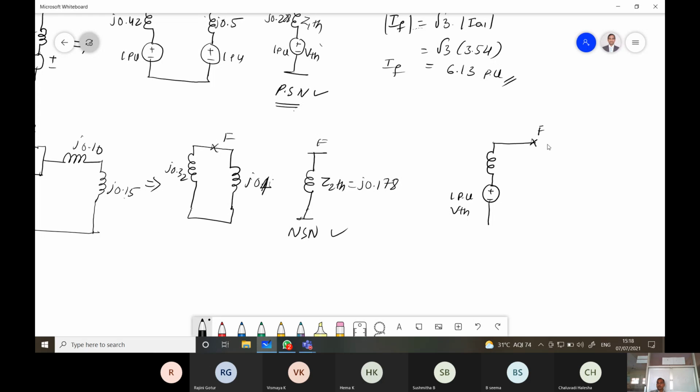Fault occurred at the middle point. This is IA1, this is IA2, Z1TH J 0.228, and Z2TH J 0.178.